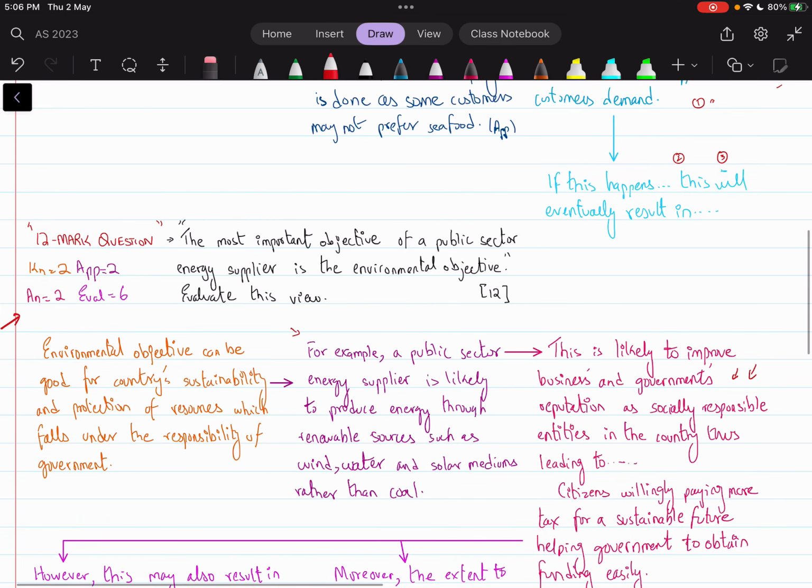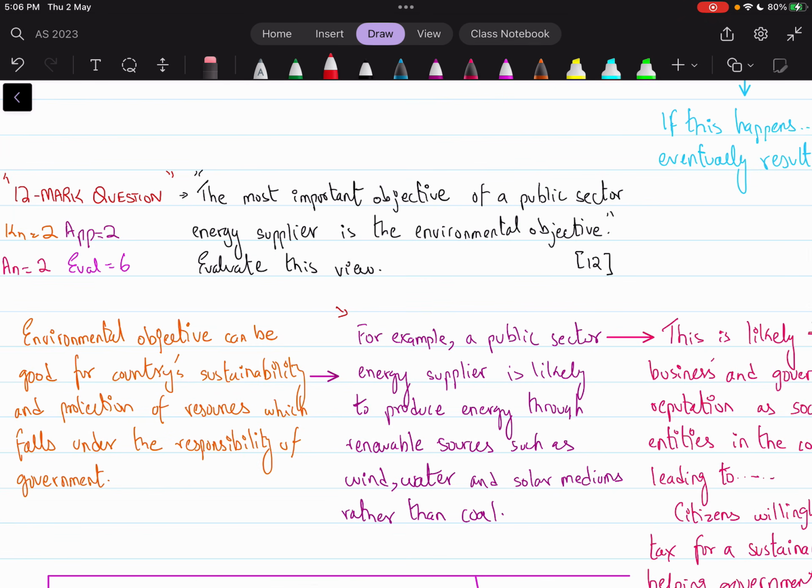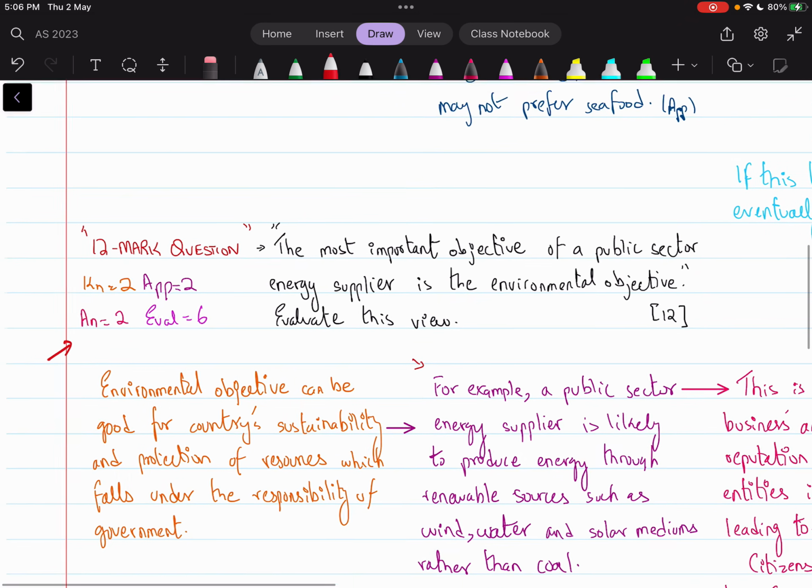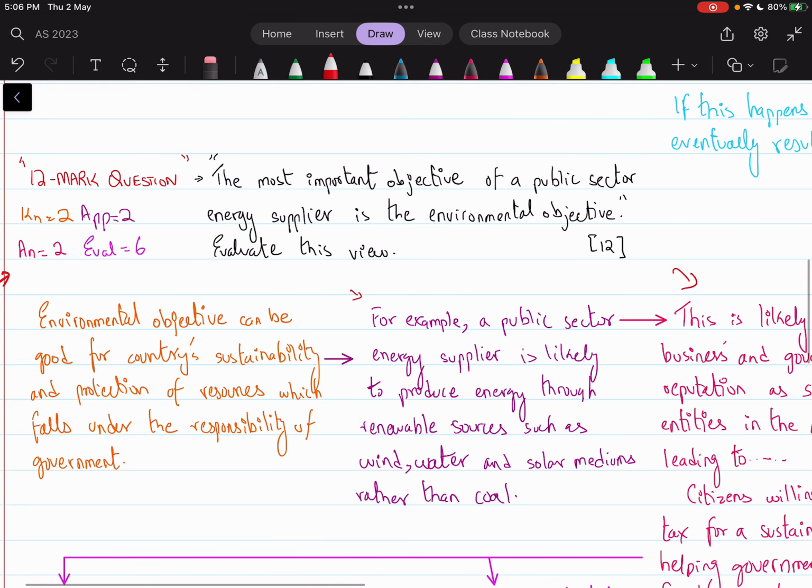But since we need to evaluate this, now think, what would happen that you fail to get the benefit that you desire? What would happen if the environmental objective may not be the most important objective, or the government may find it difficult to implement the environmental objective, and thus if you find it difficult to implement, you will find it difficult to realize its benefits, right?